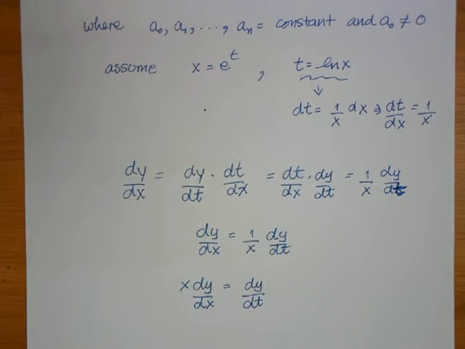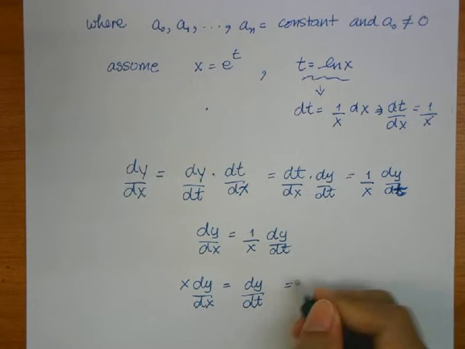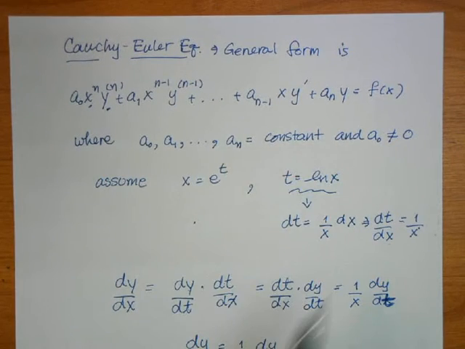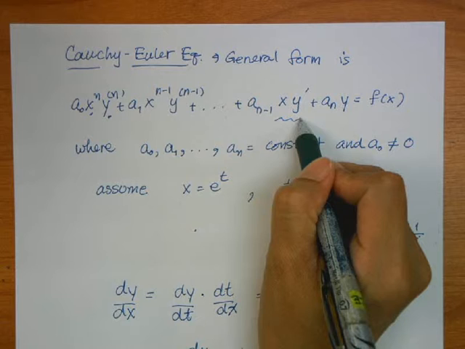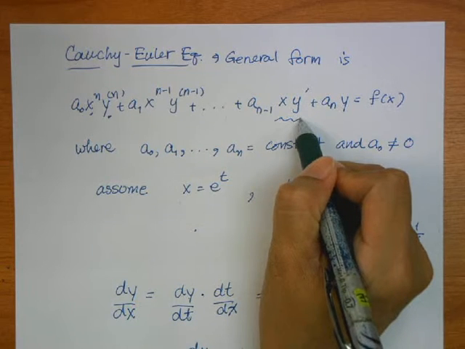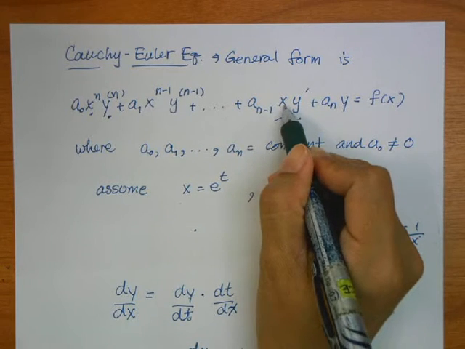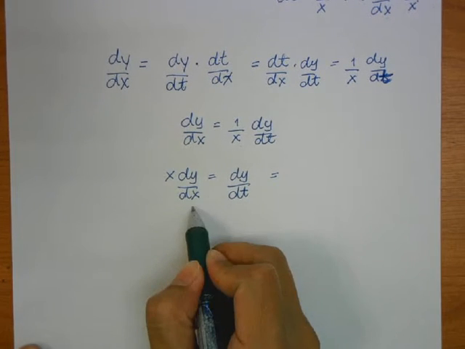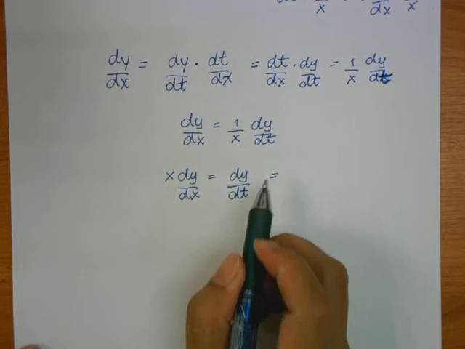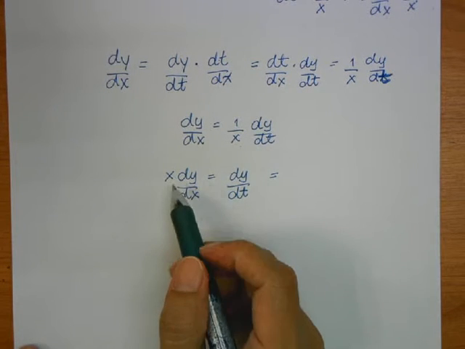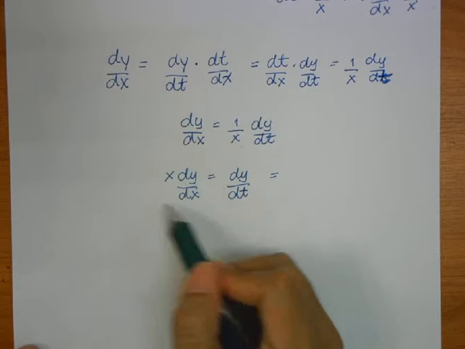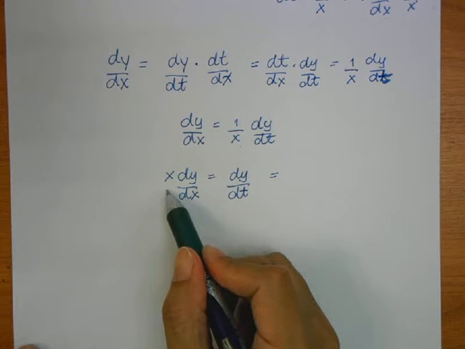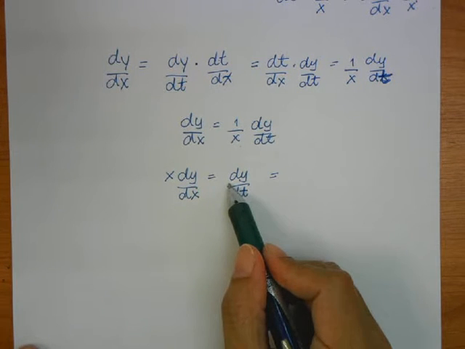In that case, you see that this term is equivalent to this term of our differential equation, right? You have x dy by dx. Here, x dy by dx is equal to dy by dt. So, by this assumption, you can change the term which has the variable coefficient to be a constant coefficient.